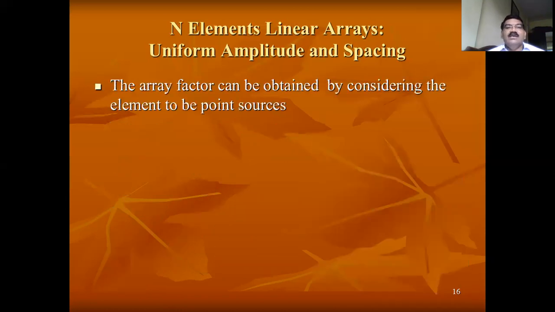Now what next? The array factor can be obtained by considering the elements to be point sources. Because here the method we have fixed is that we will find the array factor and then go further.